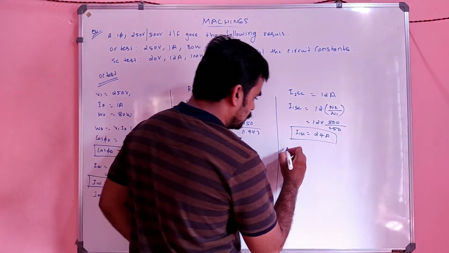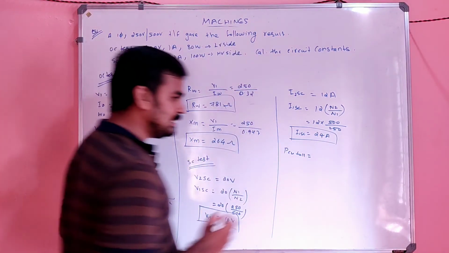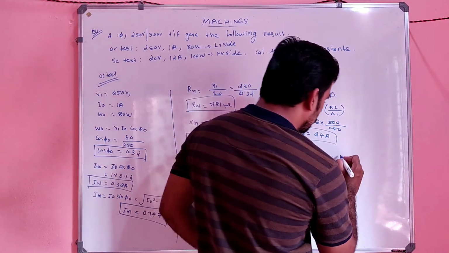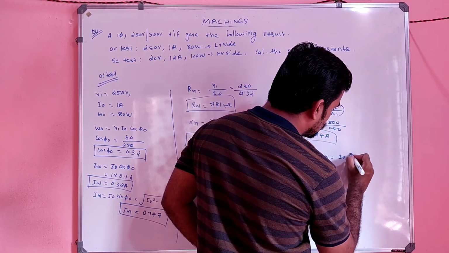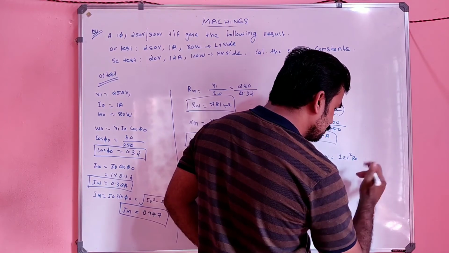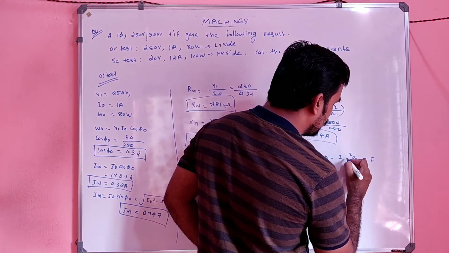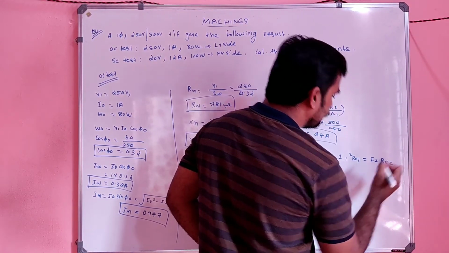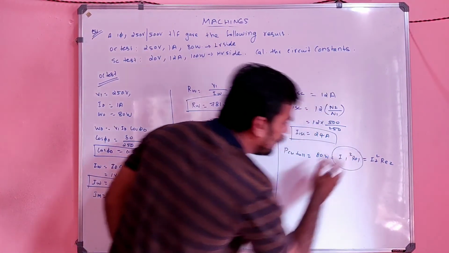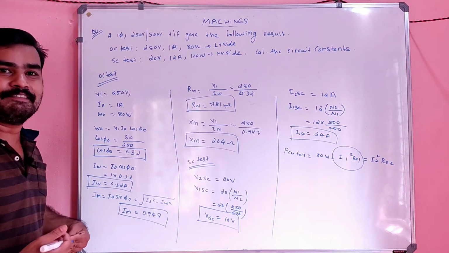So the full load copper loss, PCU, is nothing but 80 watt. It may be equal to I1 square into RE1, or I2 square into RE2. I am preferring the equation I1 square into RE1 because I converted all these to the LV side.